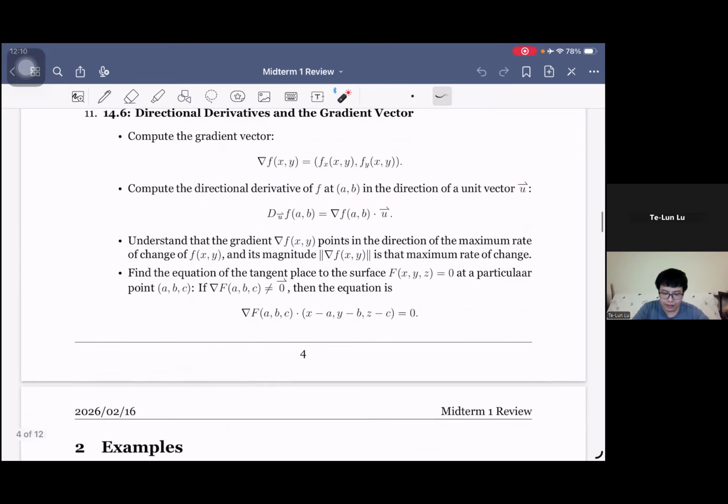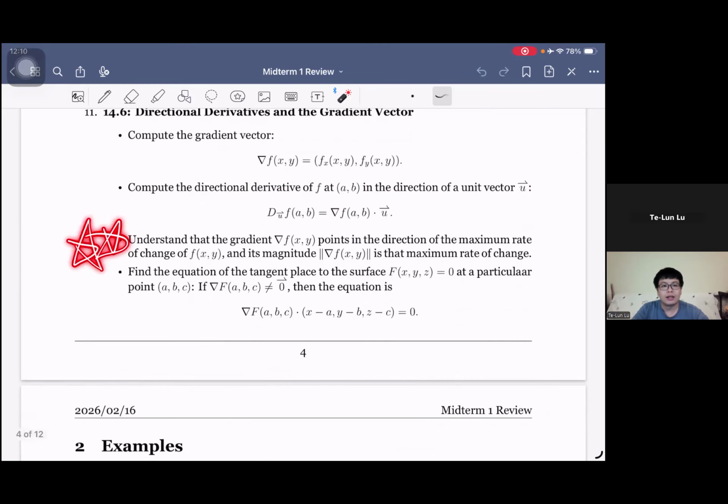Okay, and this is also very important. There's a lot of directions in high-dimensional space, but the best direction of increasing is the direction of the gradient. So I'm saying that the gradient points in a direction so that the maximum rate of the directional derivative occurs.